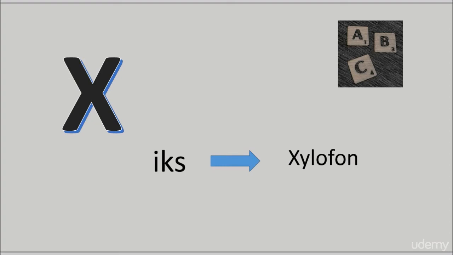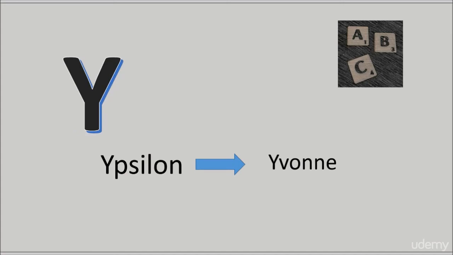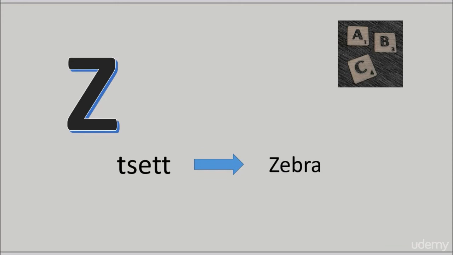X, as in Xylophone, which starts with X. Y, not too many German words start with Y. We've got Yvonne here, but of course a lot of English names end in Y, so you may well need it depending on what your name is. Z. It's a bit like a TS. Z. Zebra. Z.